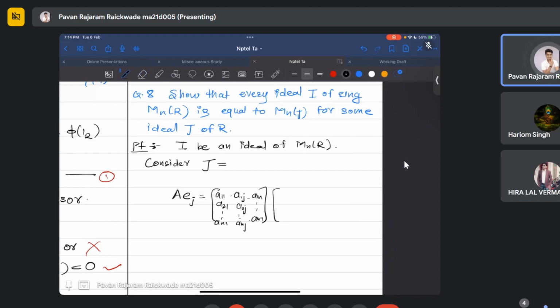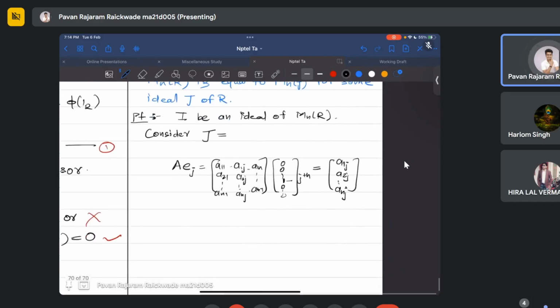If I multiply this with the vector with 1 at the jth entry and all else 0, if you do the calculation, I get the jth column: a_1j, a_2j, up to a_nj.